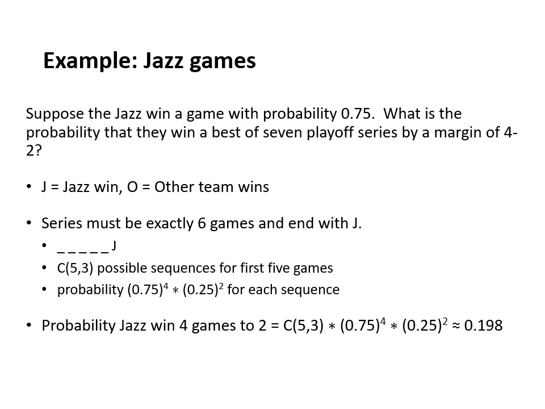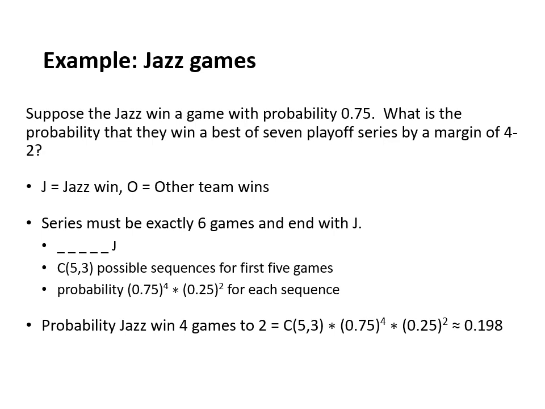Okay, here's another one. I'm a big fan of the Utah Jazz, and so I really like this example. Suppose the Jazz win a game with a probability of 0.75. Then the question is, what is the probability that they win a best of 7 playoff series by a margin of 4-2?